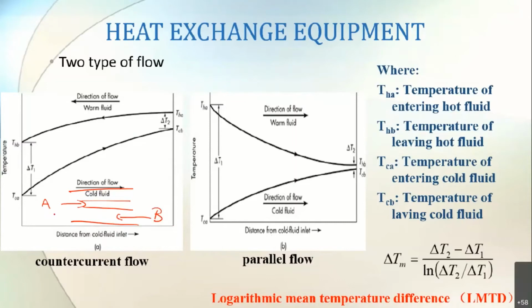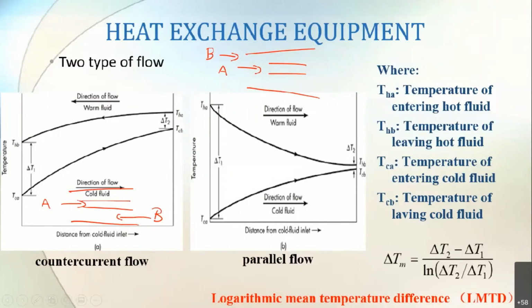The fluids are going into the heat exchanger at different sides. Whereas for parallel flow, the same thing, let's say you have a double pipe heat exchanger. If fluid A is flowing in the left to right direction, fluid B is also flowing from left to right. So you can see here, that's why we define our temperatures.